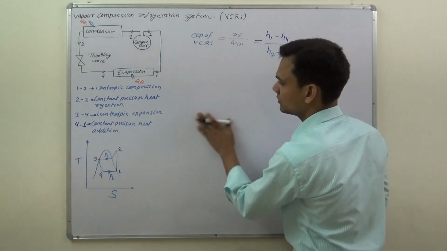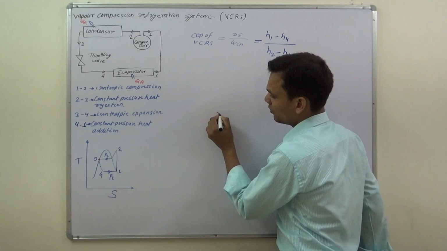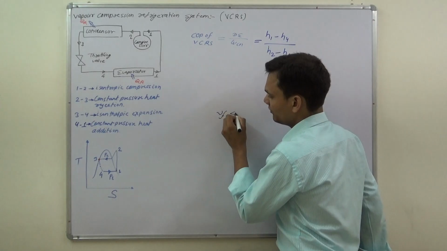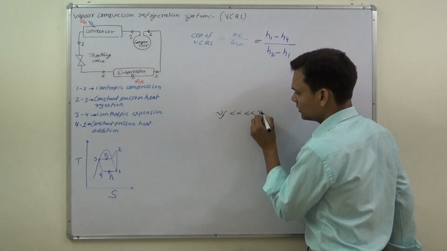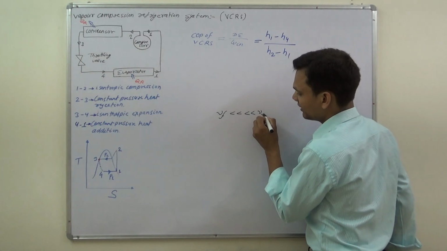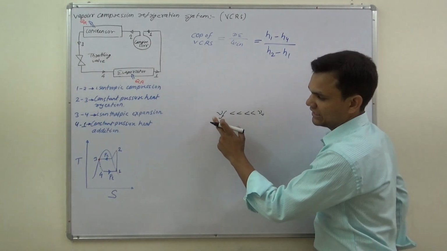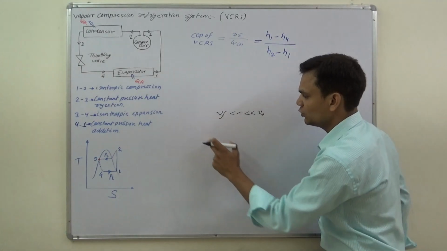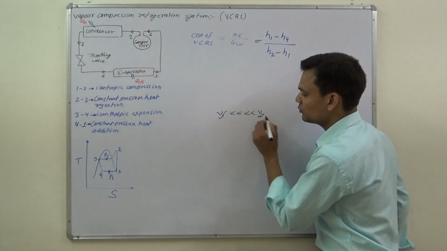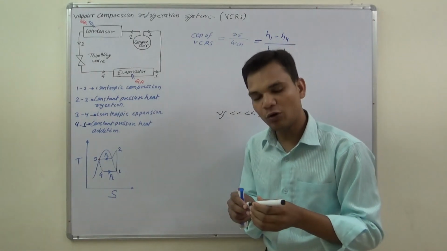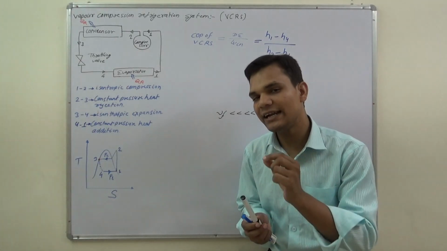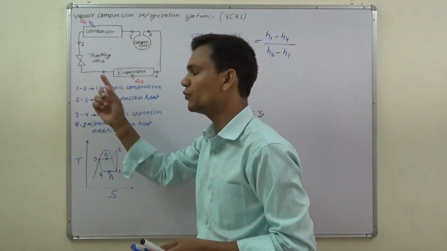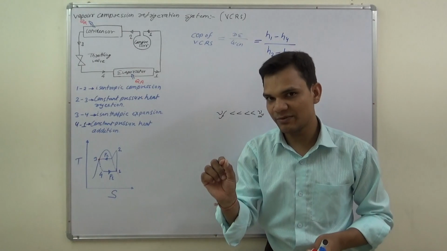We talk about the specific volume: the specific volume of saturated liquid is very less as compared to the specific volume of saturated vapor. So we get a negligible amount of work here from process 3 to 4 as compared to the compressor work.